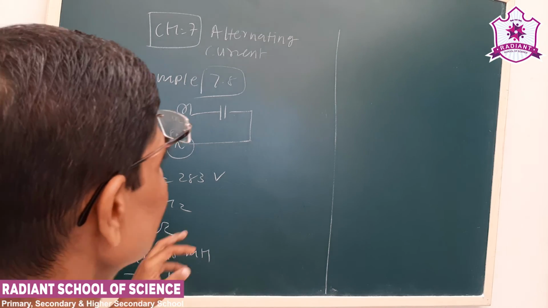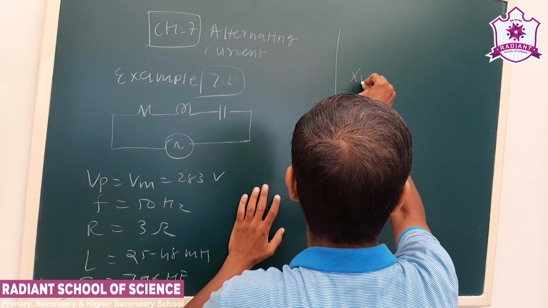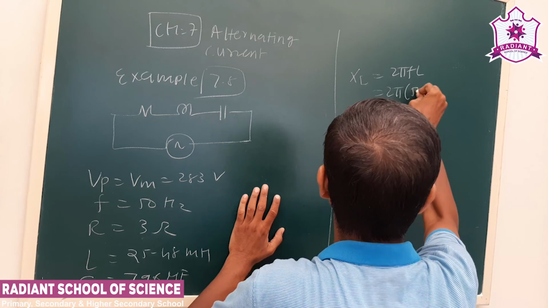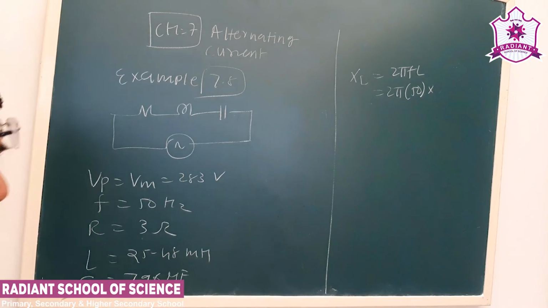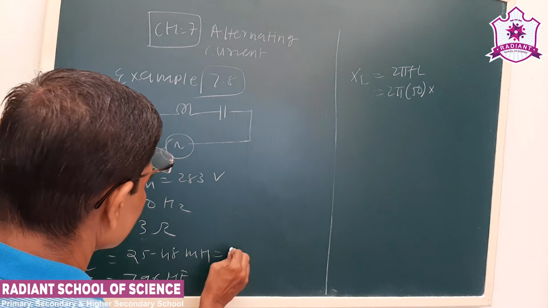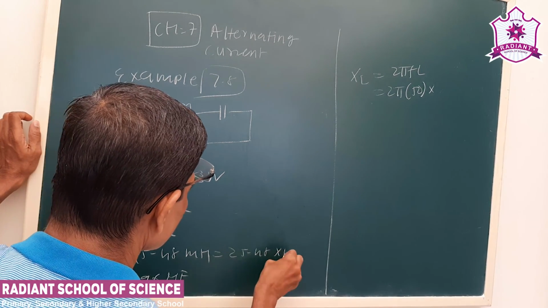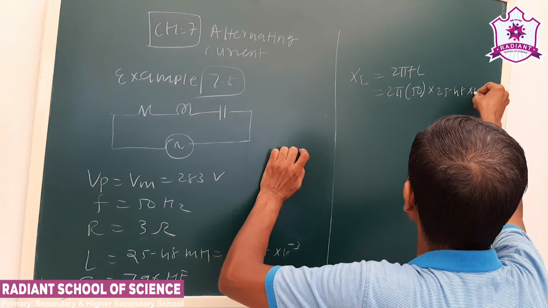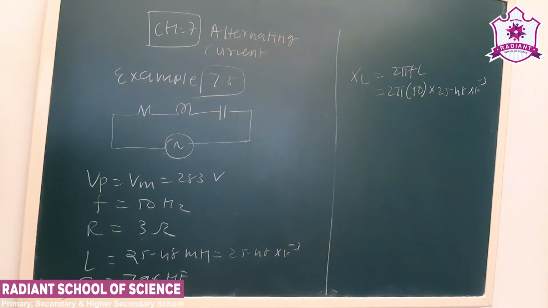R is given. What we obtain, XL is 2 pi F L. Now L is 25.48 millihenry. So that value we obtain as 4.